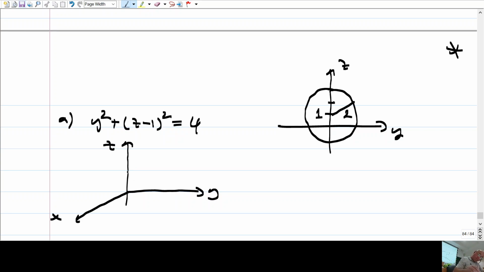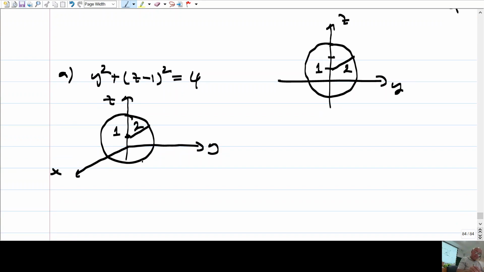So here is this circle with 2 units radius. I couldn't draw it well. Let me try again. Okay. And then so this is 1, z is 1, radius is 2 units, and you just translate this along the x-axis.